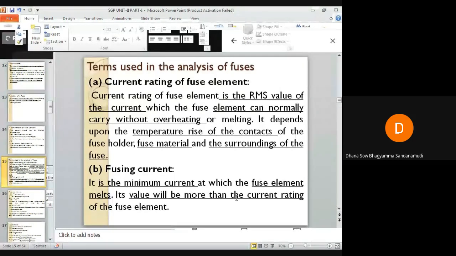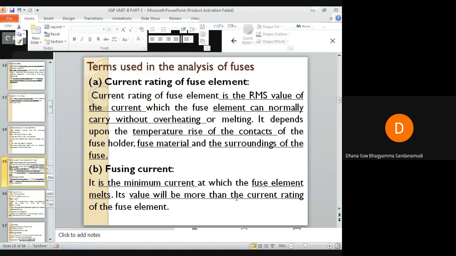Fusing current is the minimum current at which the fusing element melts. If the fault current flowing in the circuit, or in the fusing element, exceeds a certain value, the fuse will melt.